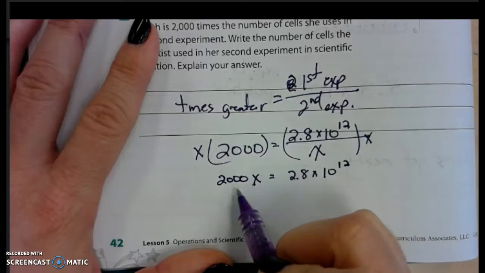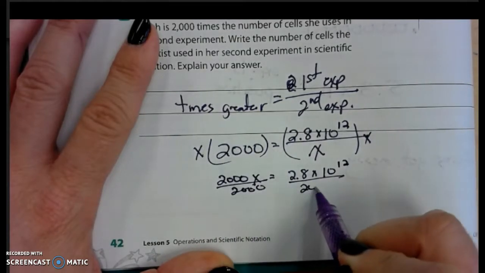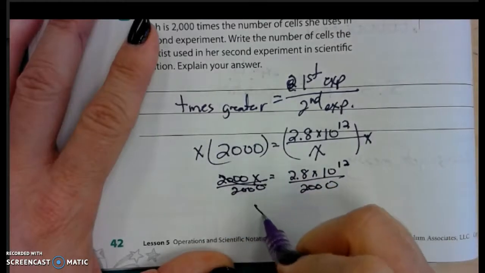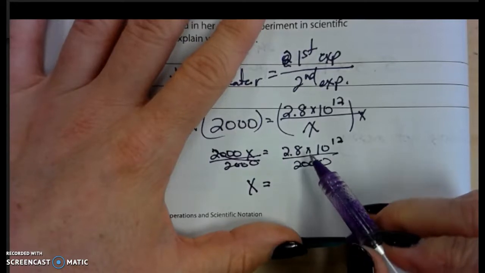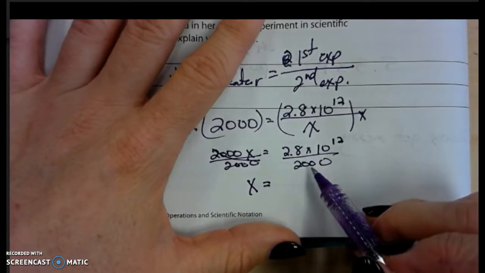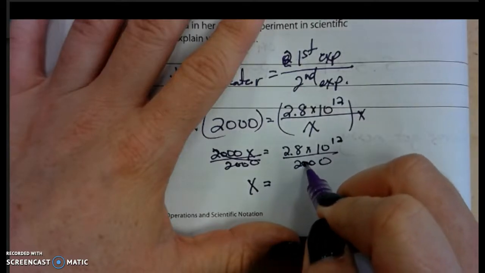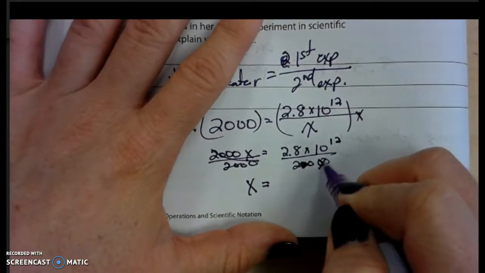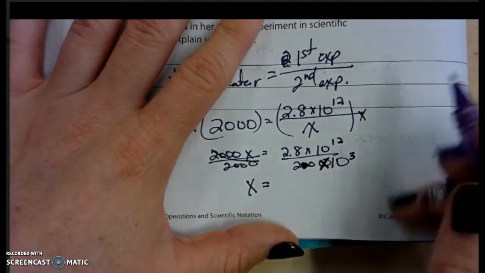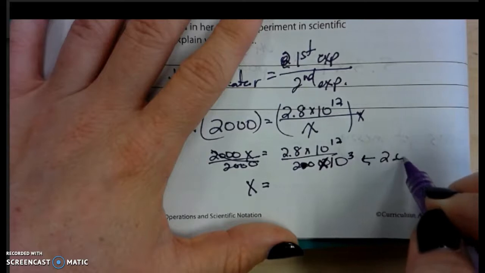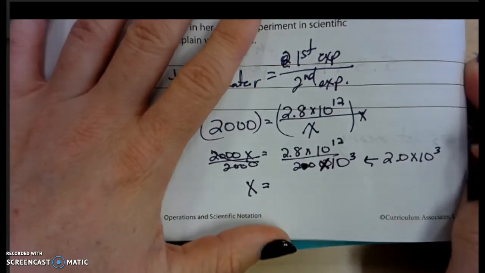Now I'm solving for x. Now I'm going to divide by 2,000, which is going to leave me with x equals, I can't divide a scientific notation by a standard form, so I'm going to change my standard form from 2,000 to 2.0 times 10 to the third. In case you can't read that, I wrote it to the side.